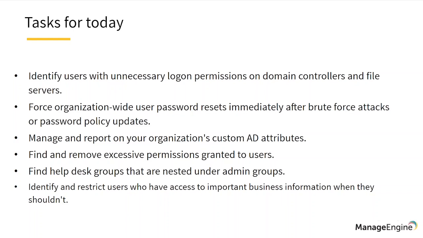What I mean is, if the user is, say, a member of group 1 and group 1 is a member of group 2, the AD Users and Computers will only show the user as a member of group 1. So we'll see how we can view the nested group memberships with the help of AD Manager Plus. And based on this, we can remove users from certain groups and manage our Active Directory environment.